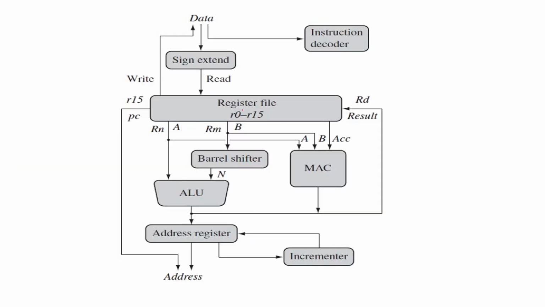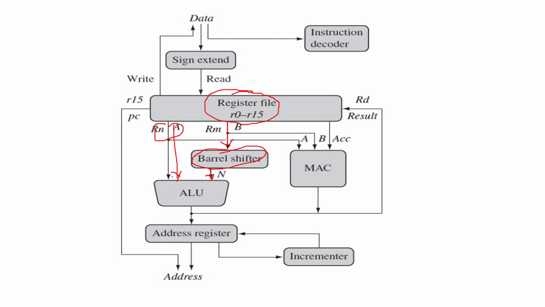This is the data flow diagram of your LPC 2148, that is the ARM controller. And here you can see you have a register file. Now from this register file, you get one data here, which goes directly to the ALU. And the second input is going through a barrel shifter, where you can pre-process the data, you can shift it, you can rotate it, and then give it to the ALU.